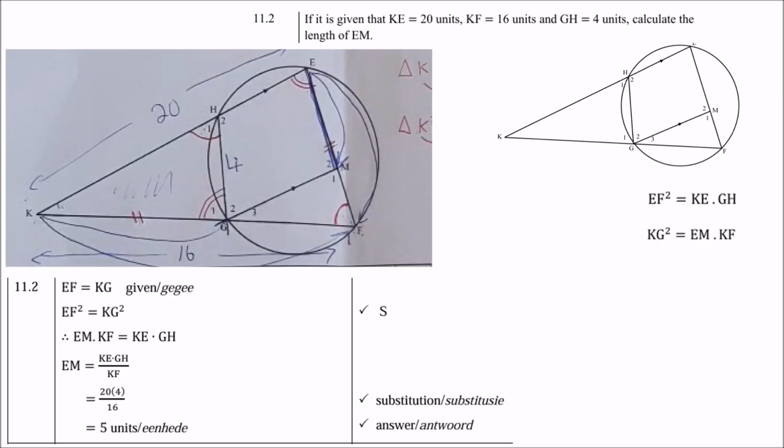Why do I choose them? Because that is where all the given values are, and of course the EM we are looking for. So if we have already proven that, then we take EF and KG and square both sides. Then we can replace EF squared with KE times GH, and we replace KG squared with EM times KF. Then we cross multiply and make EM the subject. Then we do the necessary substitution. Then we get the answer is 5 units.